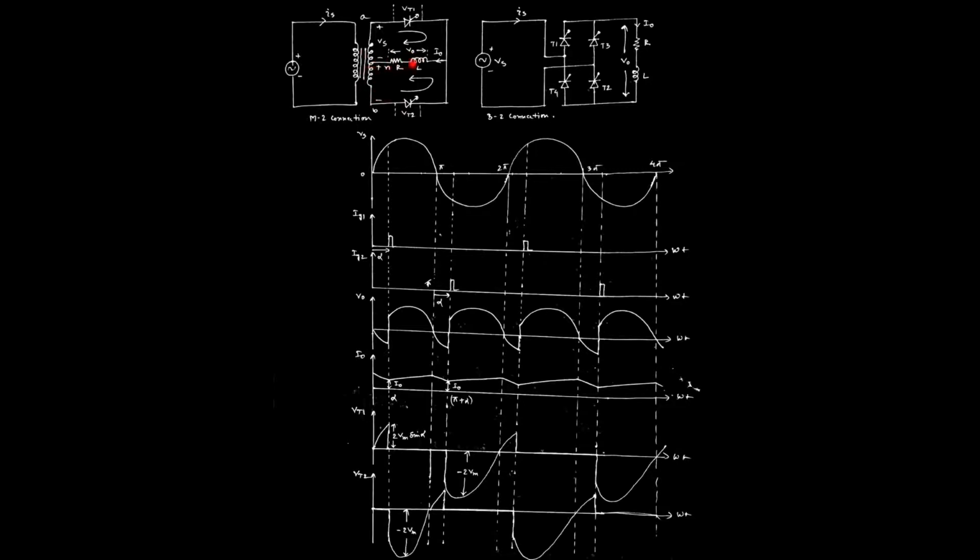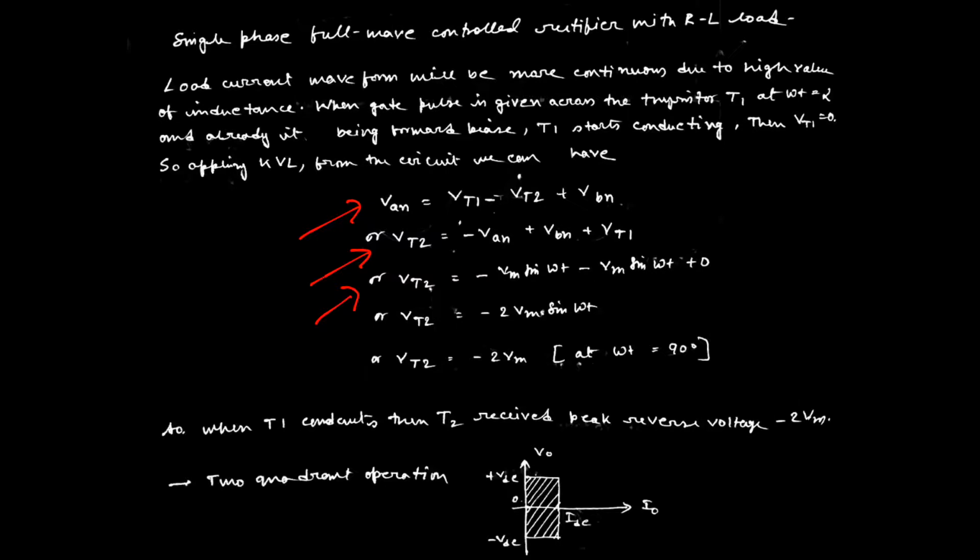As it is a center tap transformer, the voltage appearing across the upper part and lower part will be the same. That is why VT2 equals minus Vm sin omega t minus Vm sin omega t. One minus term is due to the presence of this one, and the other minus term is because it is the reverse bias.